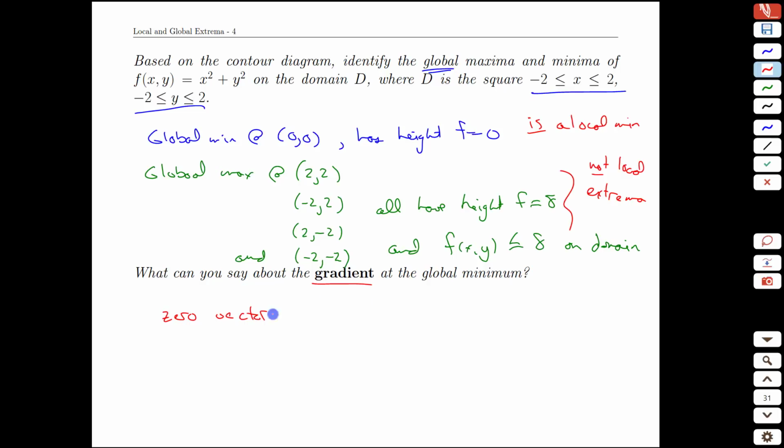So the gradient at the global minimum is the 0 vector, and remember that that translates to the x derivative, y derivative equals the 0 vector. Hey, what happens at maxima and minima? The derivative equals 0. So in this case here, we're going to tie the gradient back to the derivatives equaling 0 at local minima. And that's going to be where we head a little later in the course.